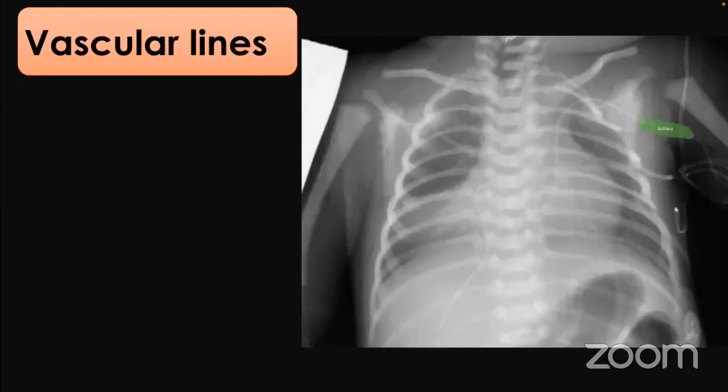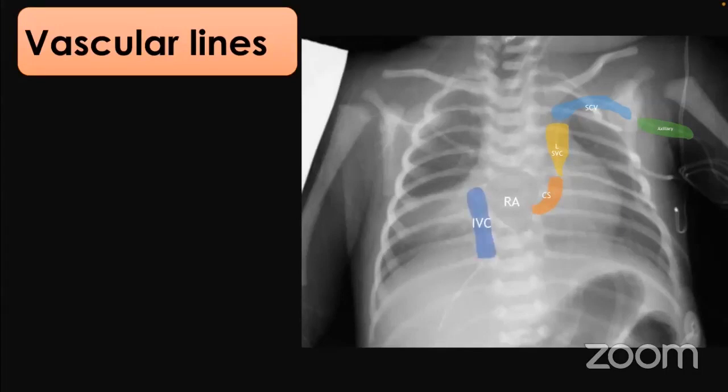Here, this is the level of the axilla. Here, the subclavian vein. And here, it's a left superior vena cava. It's a variant here. This is the coronary sinus.